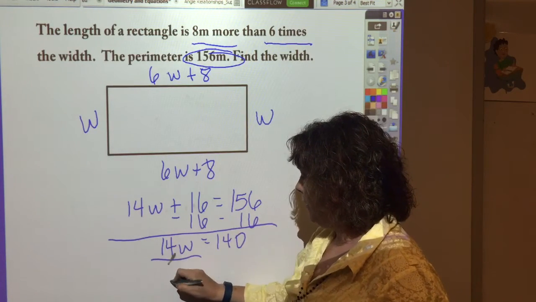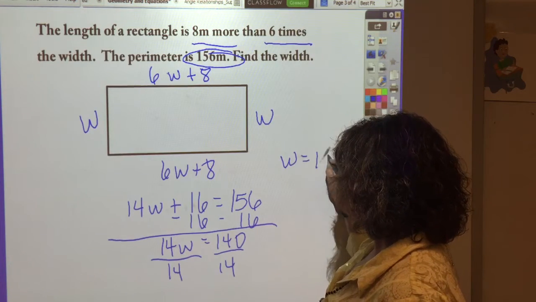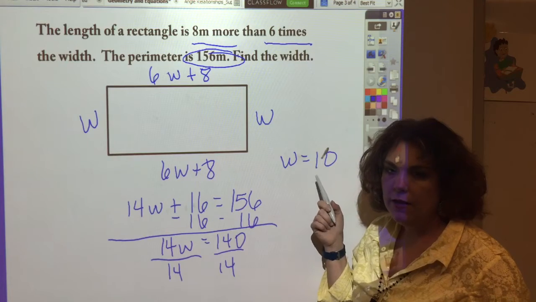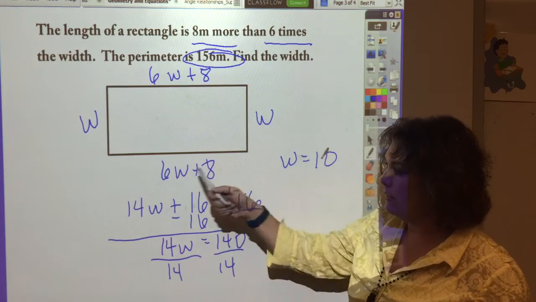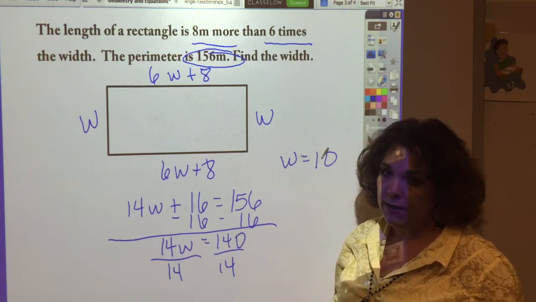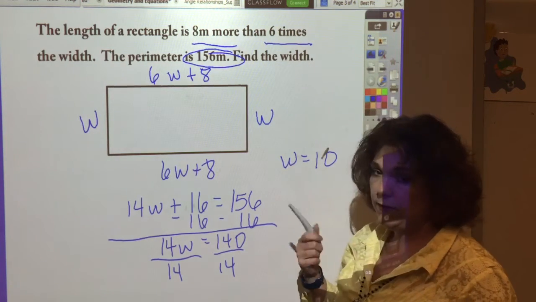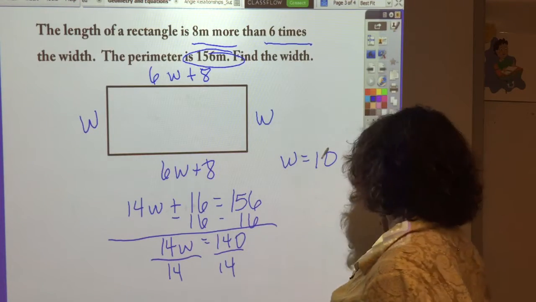And then I'm going to divide by 14, and W equals 10. Now again, if I have the answer choices, I can substitute these into the problem and find out which answer works. Or I can solve it, if it's a griddable, I can solve it for 10.